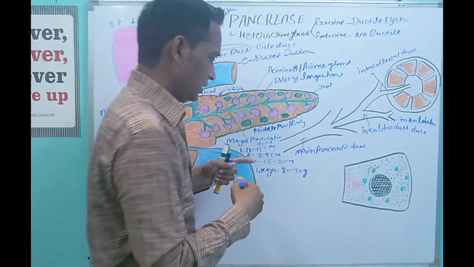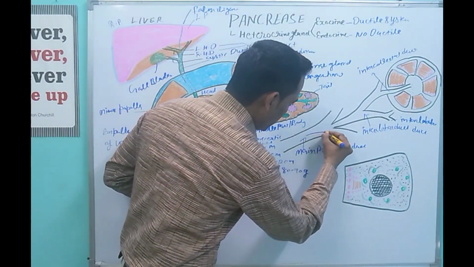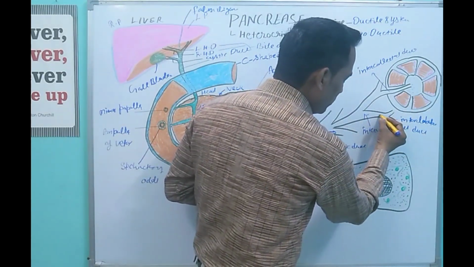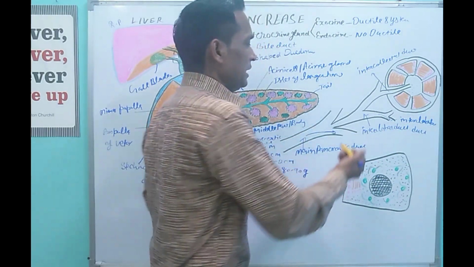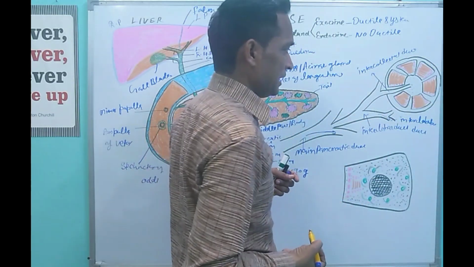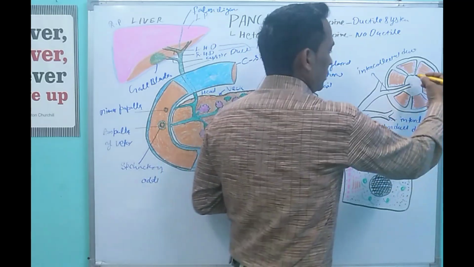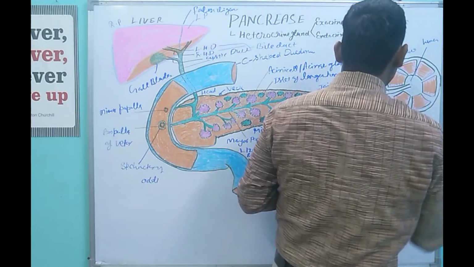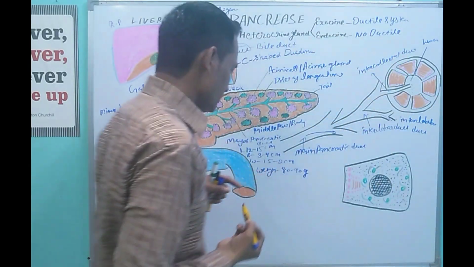And to repeat, the main ducts open into interlobar ducts, and interlobar ducts open into the interlobular ducts, and interlobular ducts open into the ducts of the acini cells, and these acini cells open directly to the lumen. This part is known as the lumen, and the lumen has the intercalated ducts.